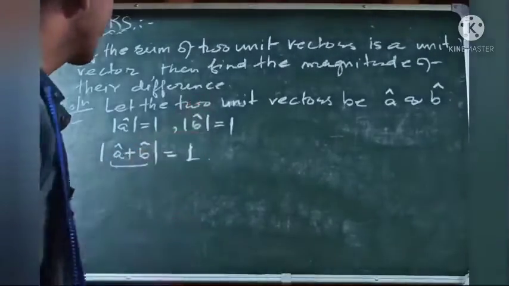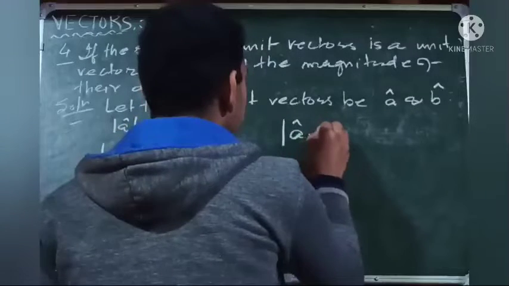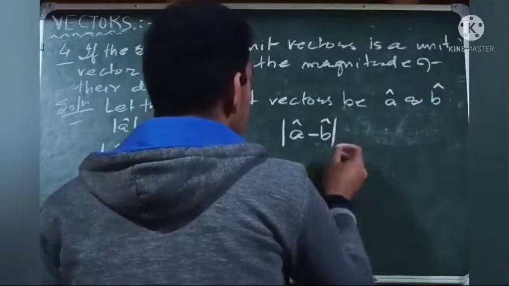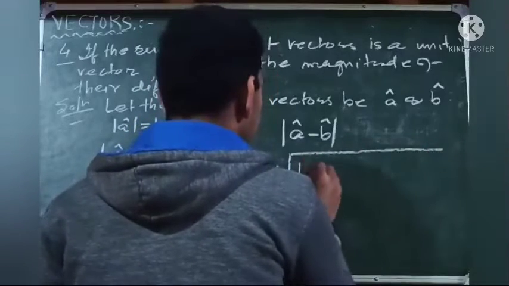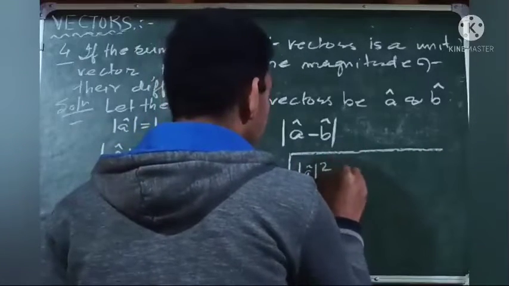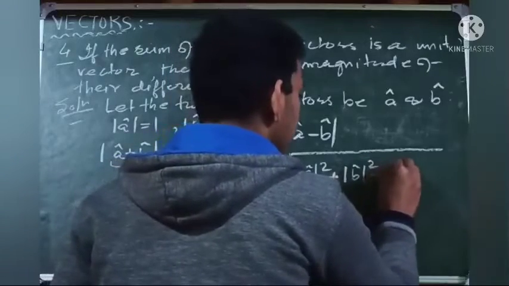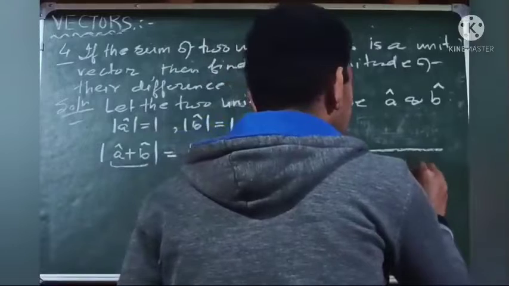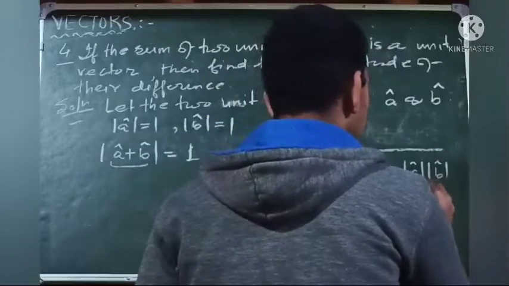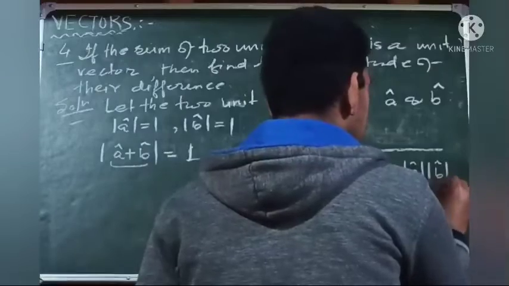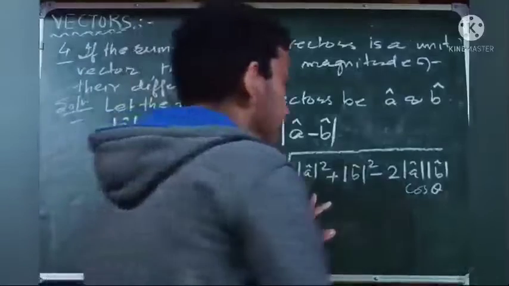Now, we are required to find the magnitude of their difference. That means we are required to find magnitude of a cap minus b cap. Its direct formula is square root of magnitude of a cap square plus magnitude of b cap square minus 2 times magnitude of a cap, magnitude of b cap multiplied with cos of theta, where theta is the angle between a cap and b cap.